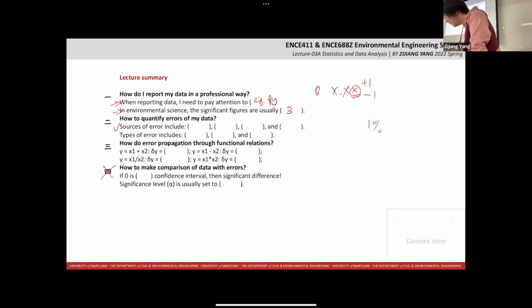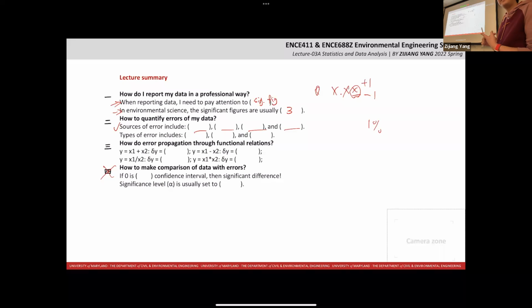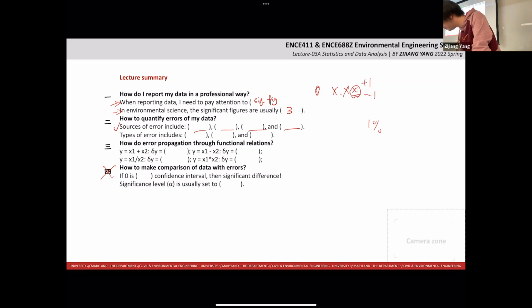The next one, sources of errors include which of the 4? Observer, and instruments, and the last one is the object to be measured.